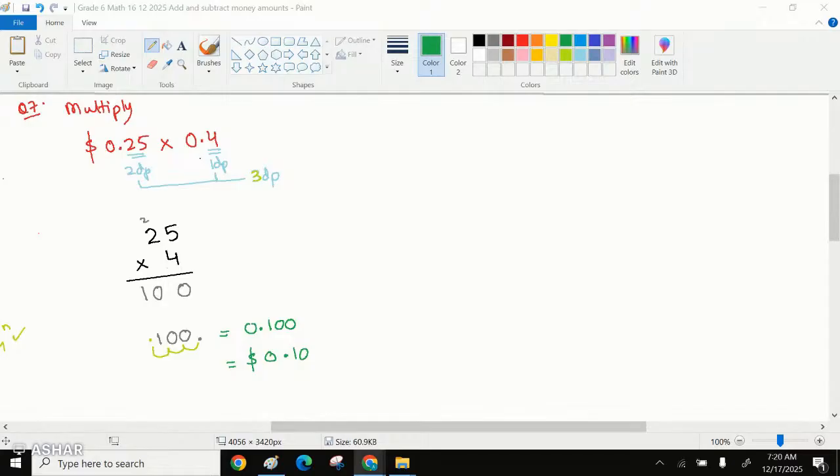And once we have the 100, we need to move 3 decimal places, so it becomes 0.100. And 0.100 means 0.10. We take the answer to 2 decimal places. Okay, that's great. Let's try another question.